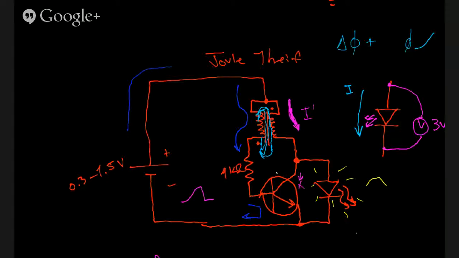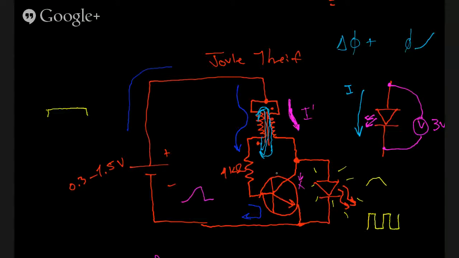So we end up with our LEDs actually flashing, but it'll be flashing so quickly we won't be able to see it. We've got 1.5 volts DC coming in, and what this circuit does is chop it up, and we'll get twice the voltage out, but it's only on half the time.